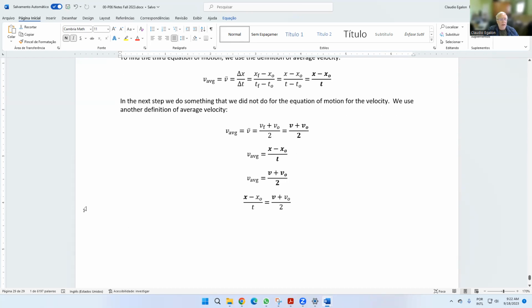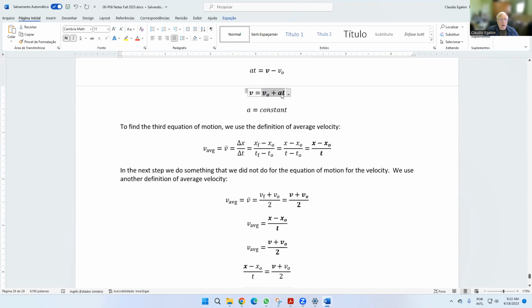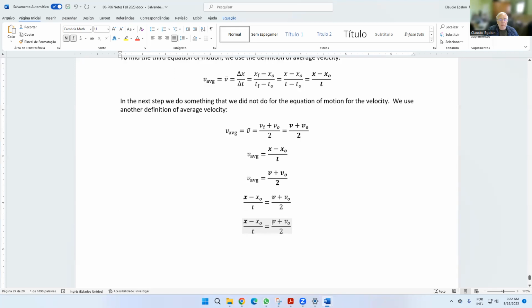So let's get there. The first step is to substitute what we found before for the final velocity right here in this equation. And now I'm going to remove this boldface. I don't need this boldface anymore.